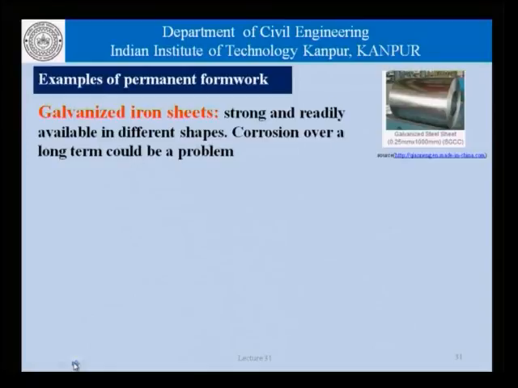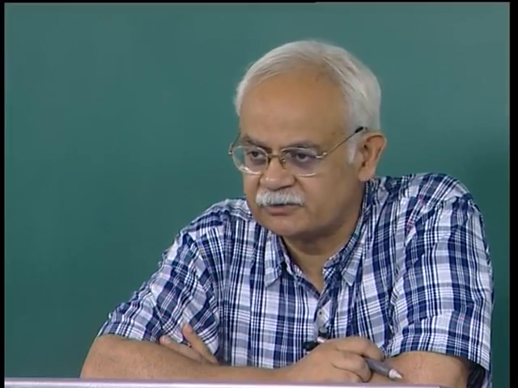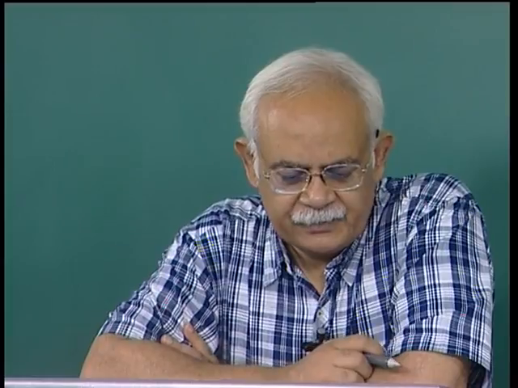Other materials as far as permanent formwork is concerned could be galvanized iron sheets, which are strong and readily available in different shapes. Corrosion over a long time could be a problem in the case of using sheets, and therefore, we need to be careful as to what kind of tests are carried out to ensure the durability of these sheets.